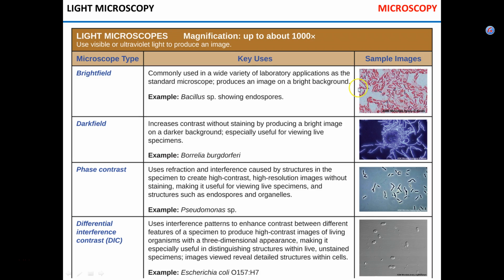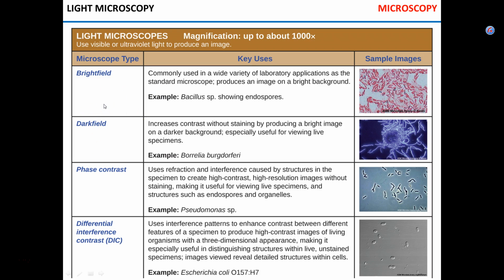But even without staining, you will be able to see the microbes. Okay? Cool? Terrific. So you can see them on the bright background. The most common. Does that make sense? Just a simple go-to method.